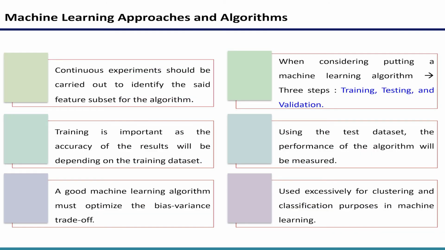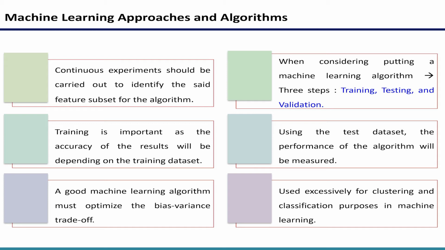With machine learning algorithms, experiments should be carried out continuously to identify the feature subset of the algorithm. When putting a machine learning algorithm to use, there are 3 steps: first training, second testing, third validation.